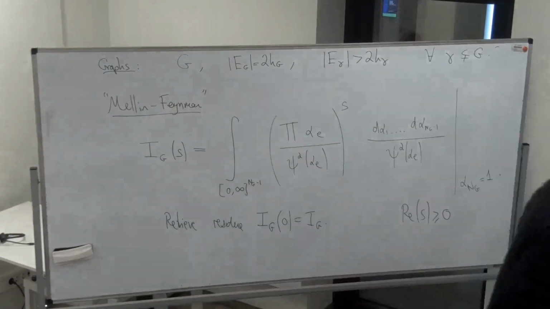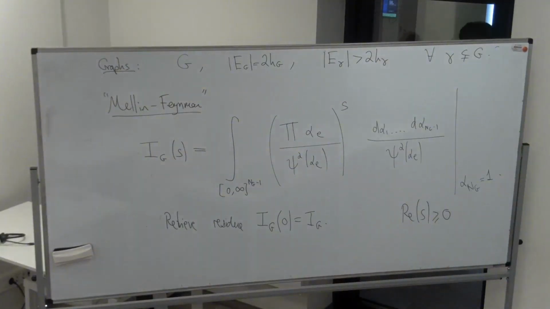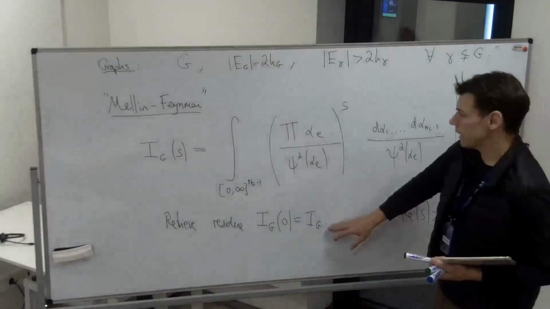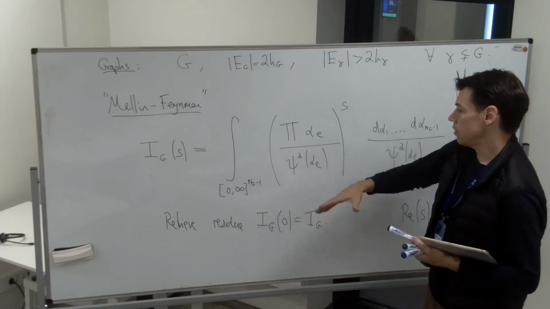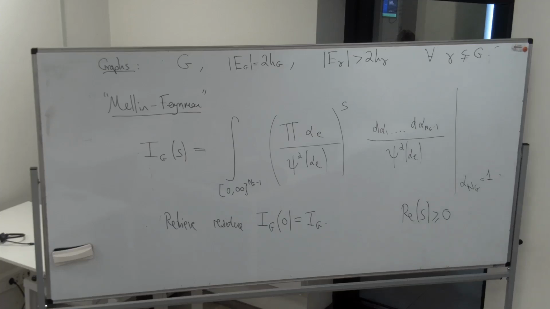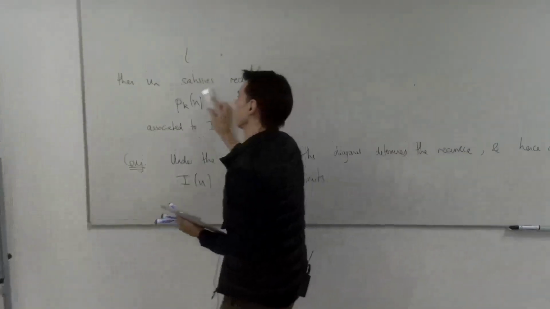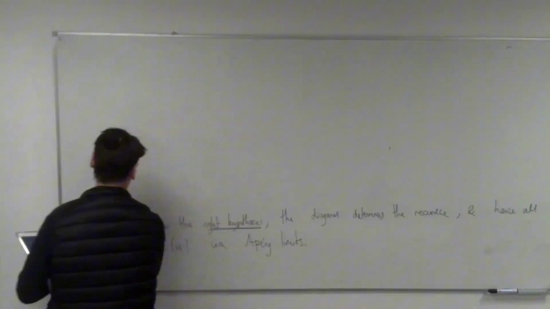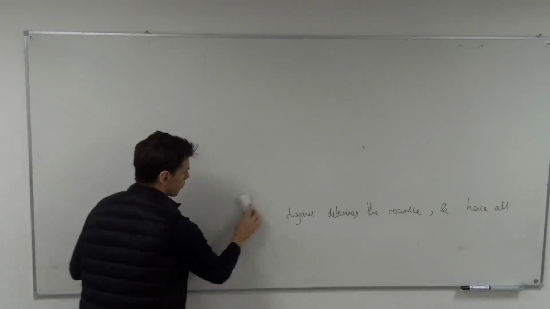So this is kind of the philosophy of these lectures: there's this rich theory of periods, but I claim that to really understand it, one should look at these Mellin transforms, which give families of periods and recurrences and all this extra structure. So we saw that with the irrationality proofs, and we're seeing it now in the context of graphs.